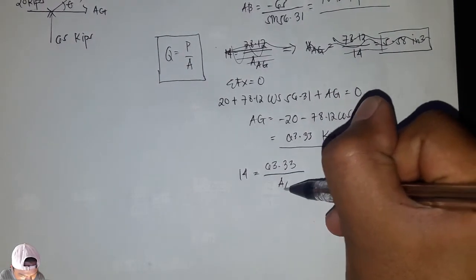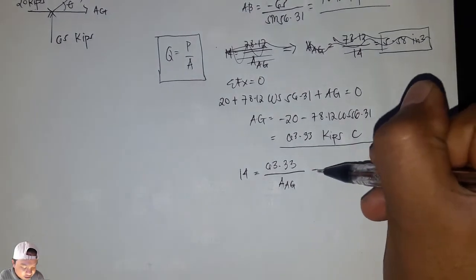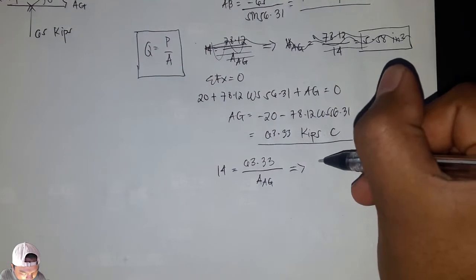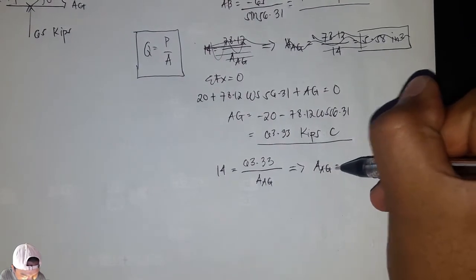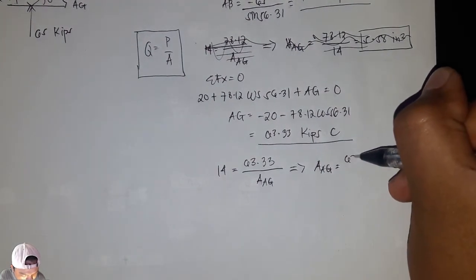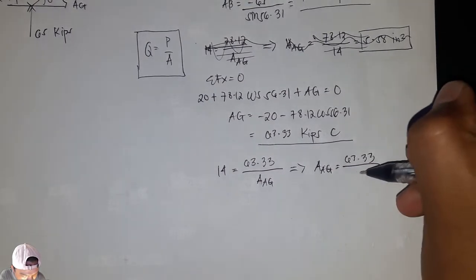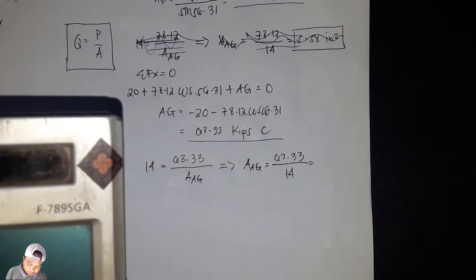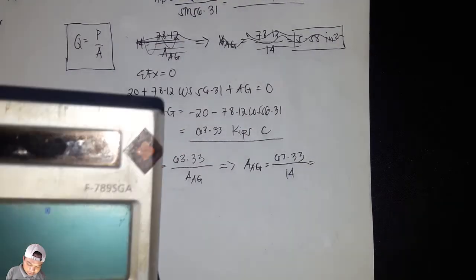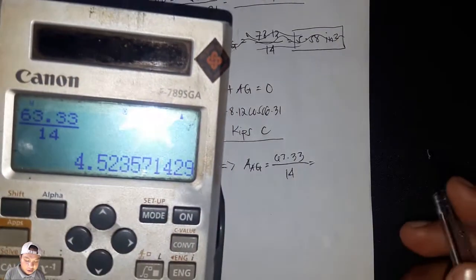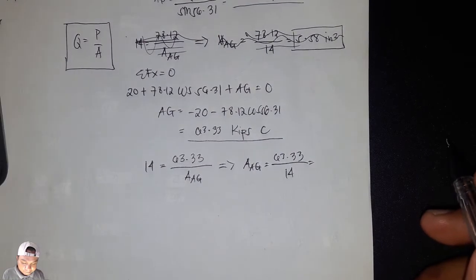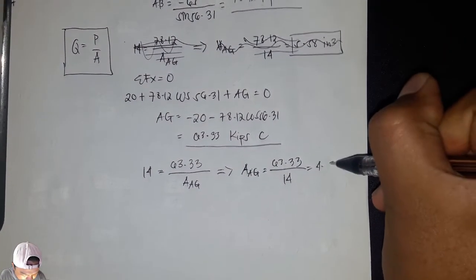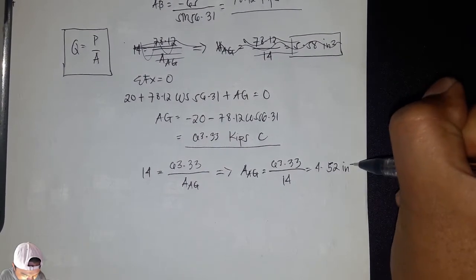And, ito na yung area AG. Kaya pala, kasi AB yung nagawa ko kanina. So, area AG is equal to 63.33 over 14 equals 4.52 na naman to.